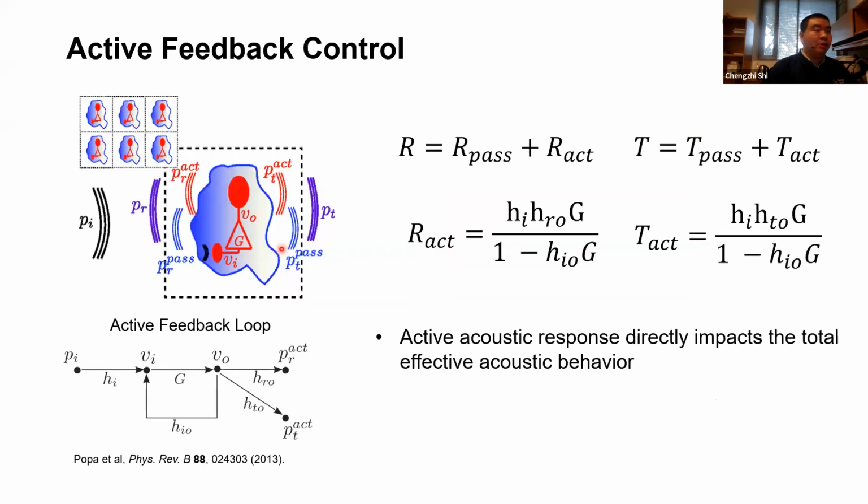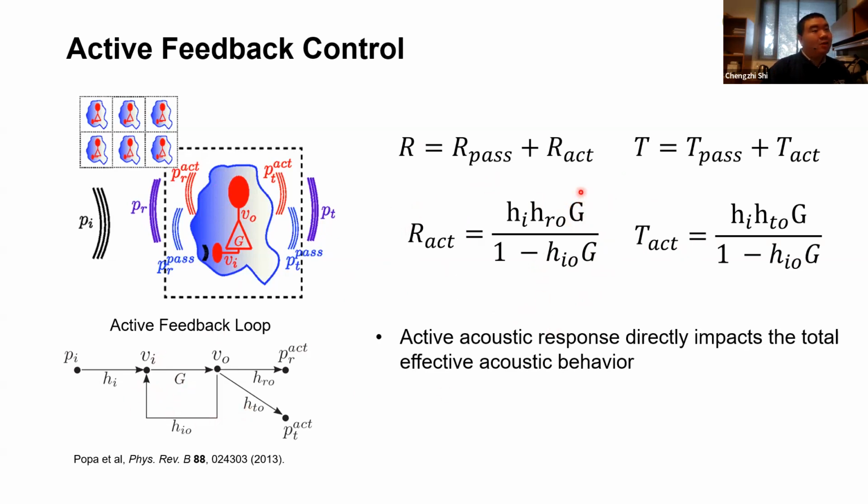So the theory here is that the reflection and transmission is a combination of the passive reflection and transmission plus the active reflection and transmission controlled by the circuit. The active reflection and transmission can be controlled by the gain parameter in this feedback loop.